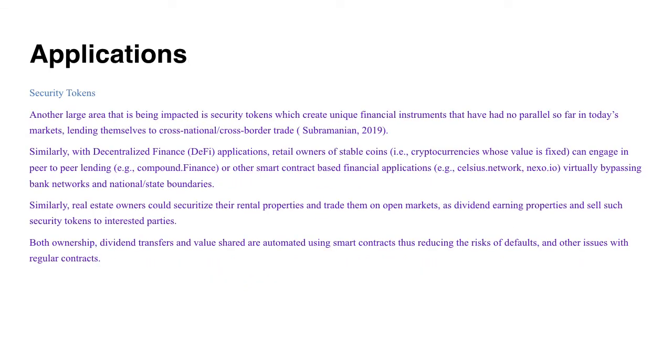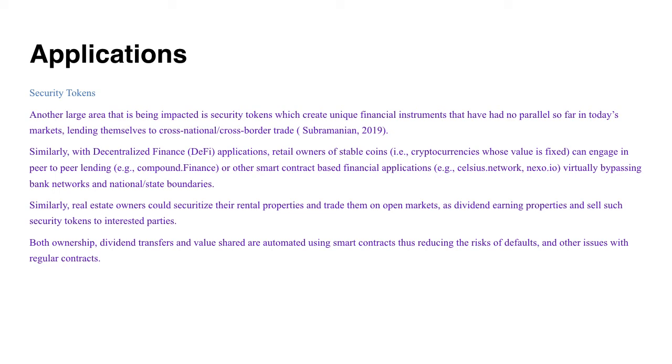So another large area that is being impacted is that of security tokens. Security tokens are used to create very unique financial instruments that you have never seen so far. For example, different types of financial instruments for cross-border or cross-national arbitrage can be created using these smart contracts.